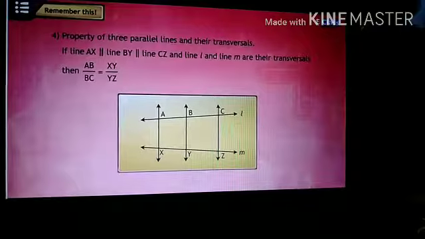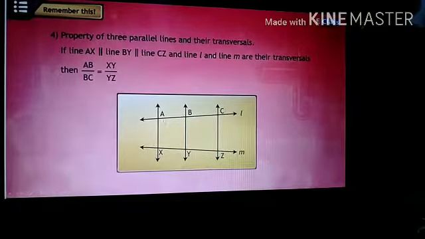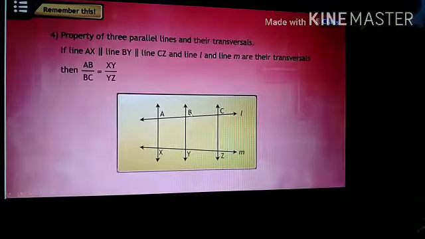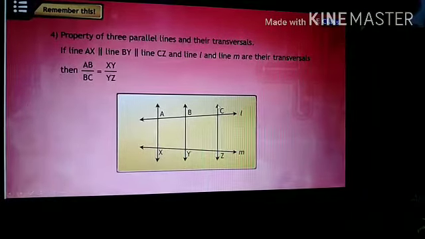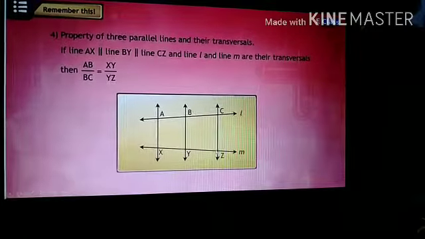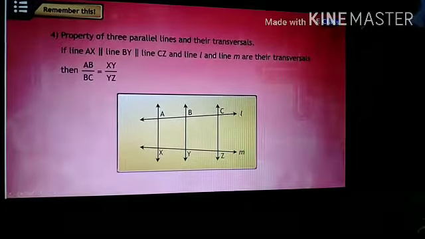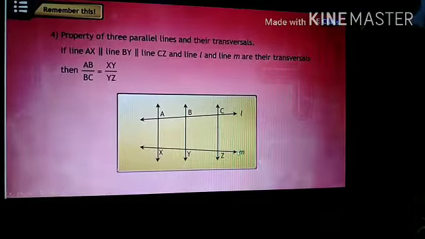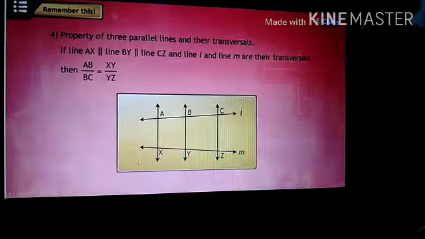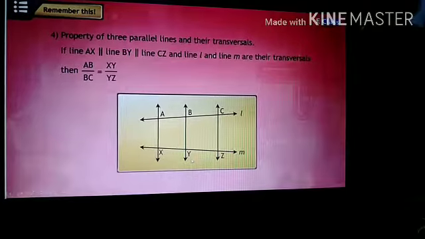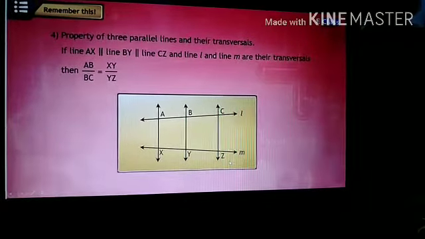For this, we had line AX parallel to line BY parallel to line CZ, where line L and M are the transversal. Then we get the ratio of the intercepts as AB upon BC is equal to XY upon YZ.